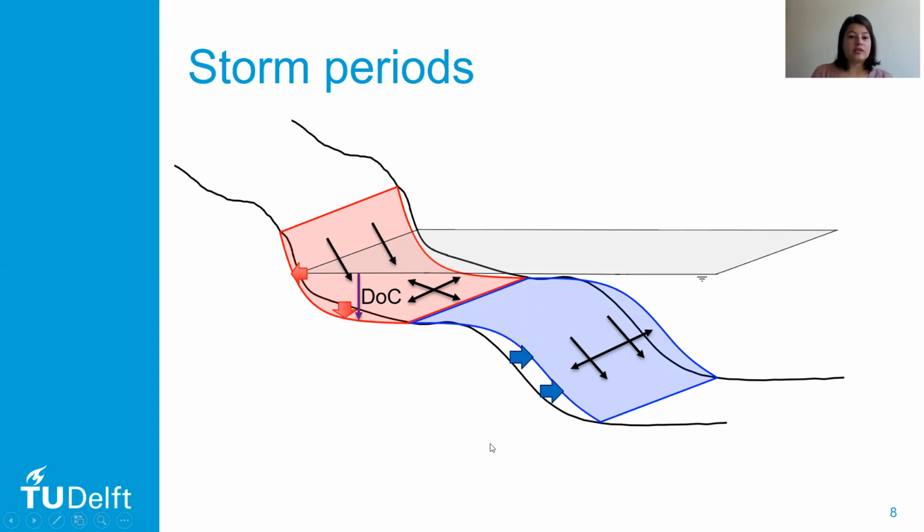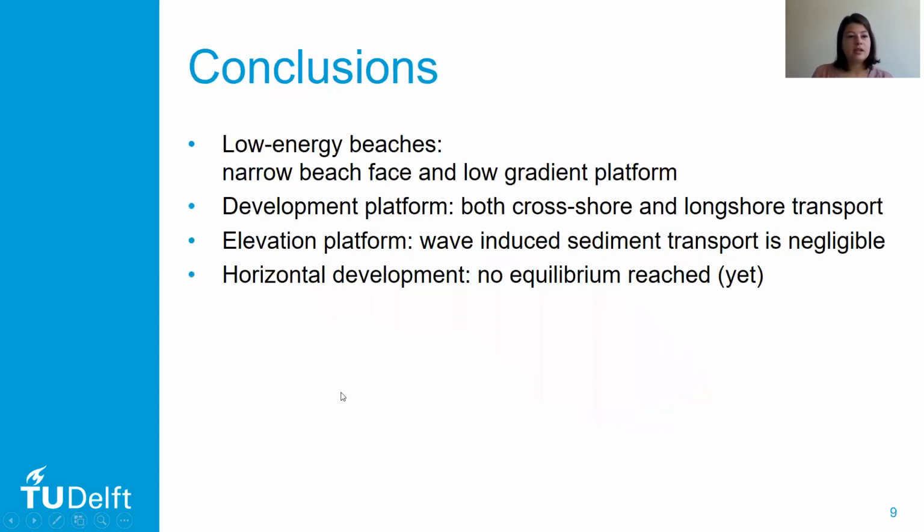So we do not say that there's no transport over the platform, but because of the calm and the storm periods alternating, there is a balance, and then the platform finds itself at around this depth of closure. So to conclude, these low energy beaches typically have a narrow beach face and low gradient platform.